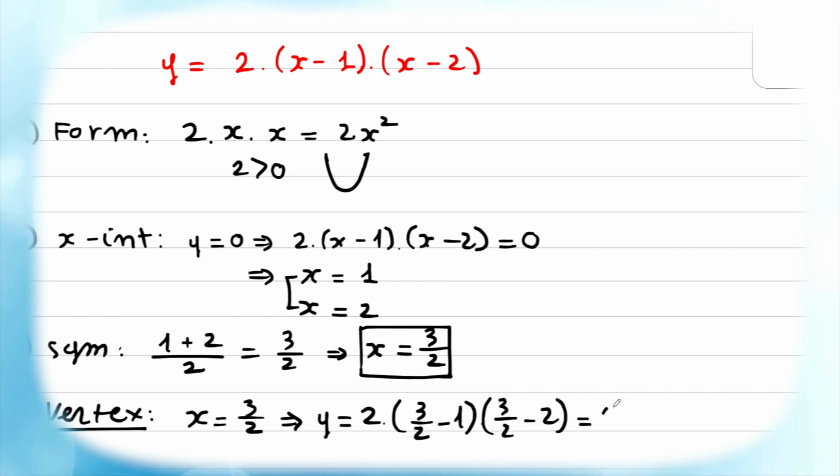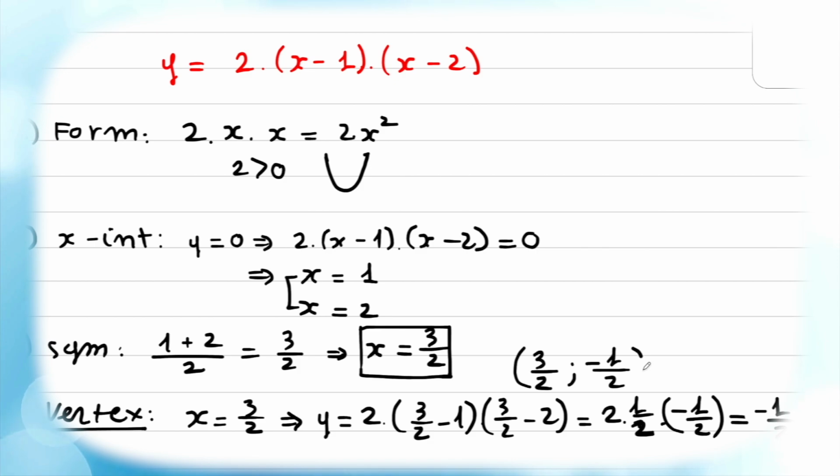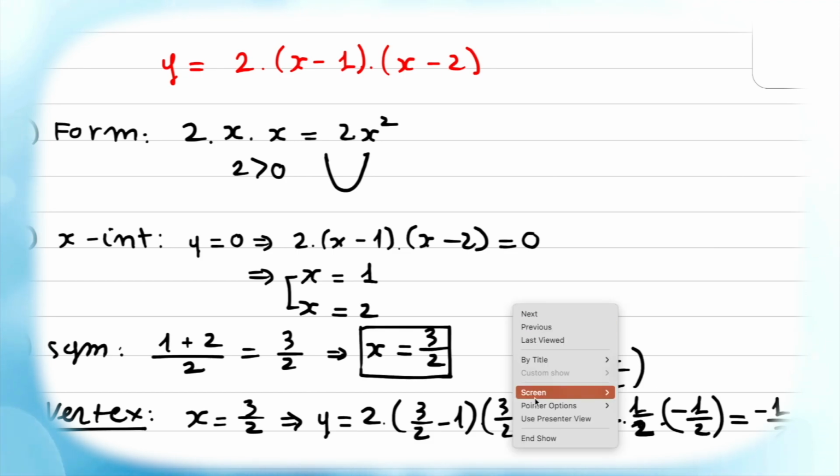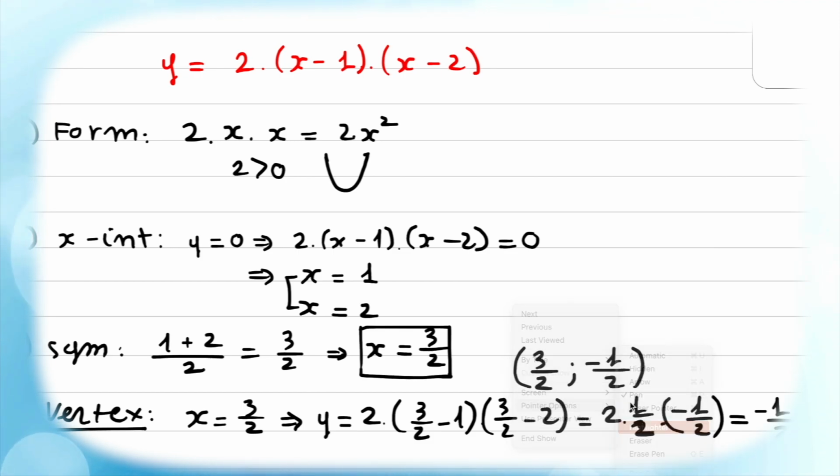The result will be 2 here, 1 over 2 now, and the last one will be minus 1 over 2. So we have minus 1 over 2. For the vertex, it means we need to determine the point. When h equal to 3 over 2, we have the point with h coordinate 3 over 2 and y coordinate minus 1 over 2.